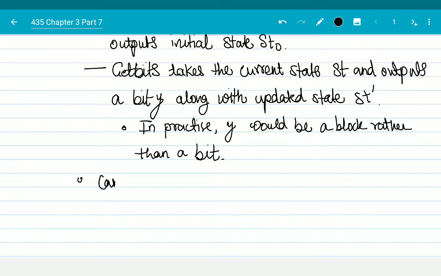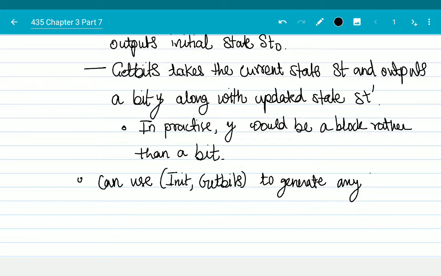So you can use get bits to generate any desired number of output bits from an initial seed.